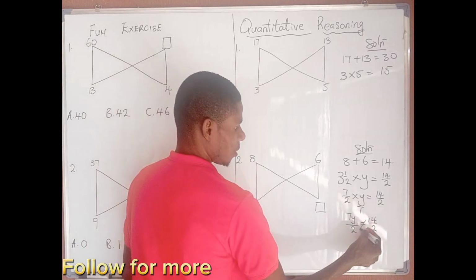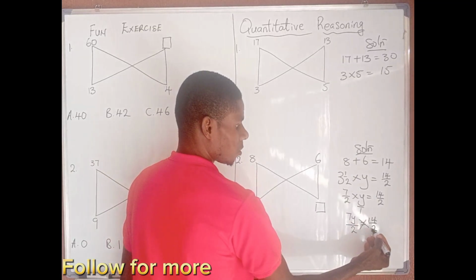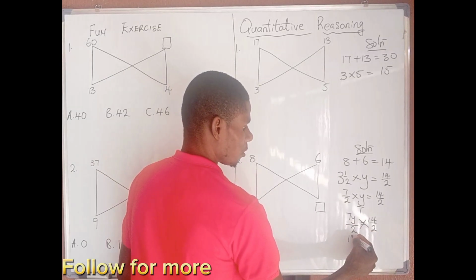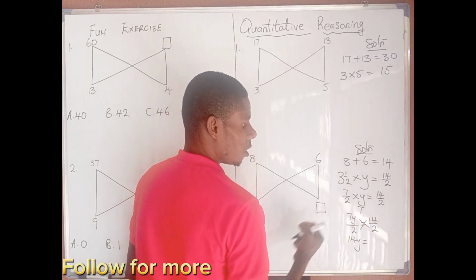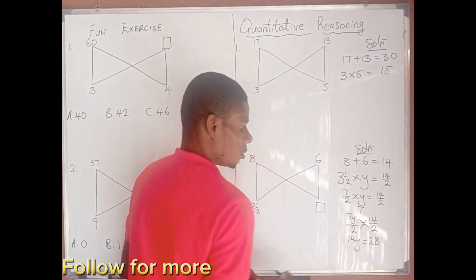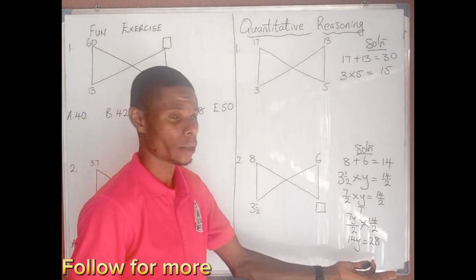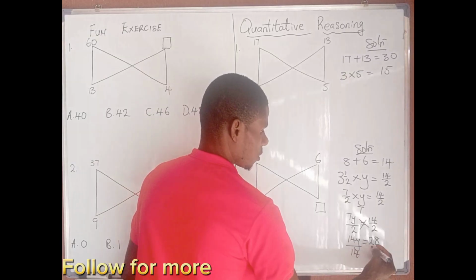So let's cross multiply since we have equality in between. Here should be 2 times 7y, which gives us 14y equals 2 times 14, that should be 28.